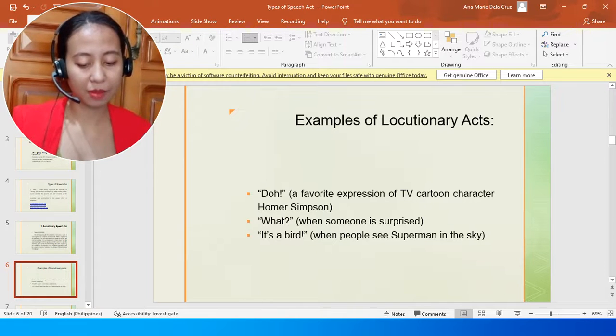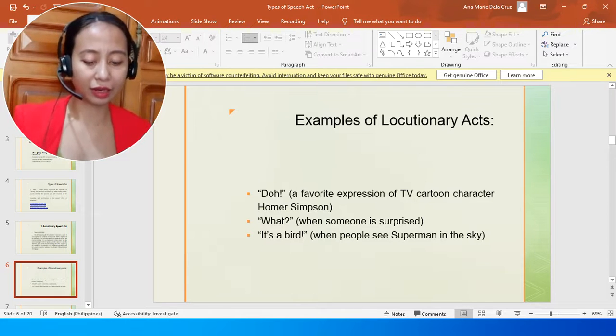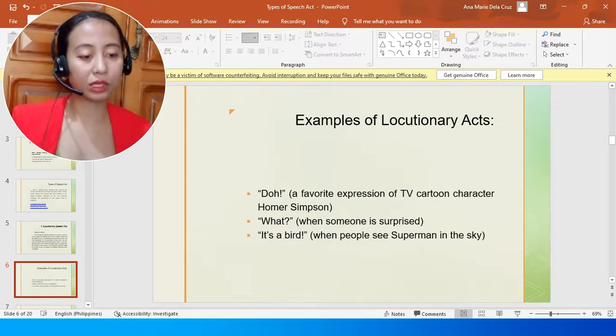Example of this, giving information: The baby is crying. The sky is blue. Those are simple examples of locutionary acts. These are the sounds, a phrase, a word, or a sentence that has a sense.